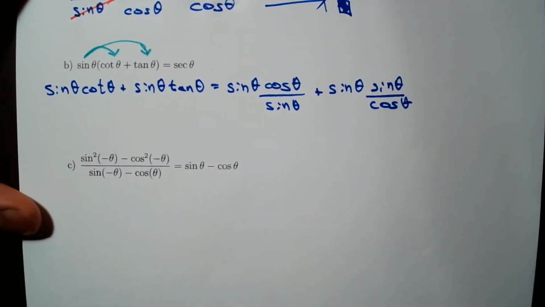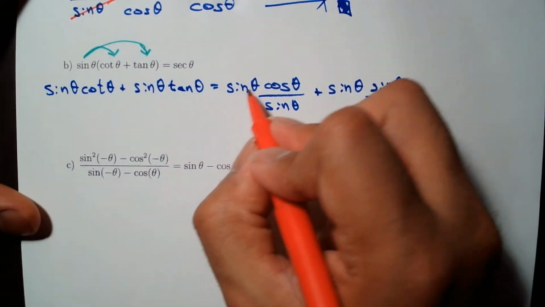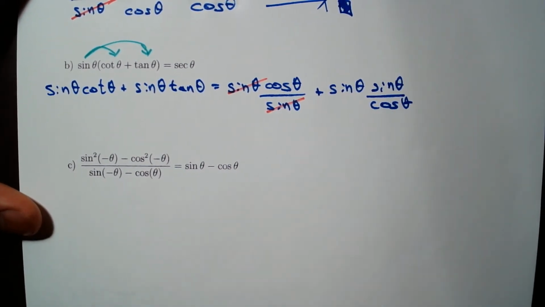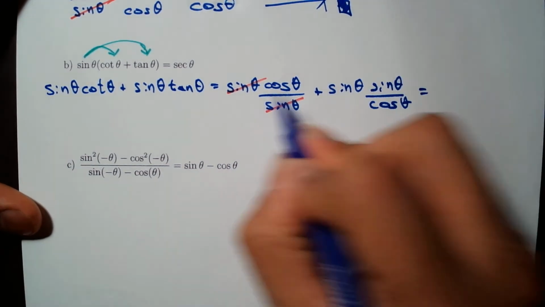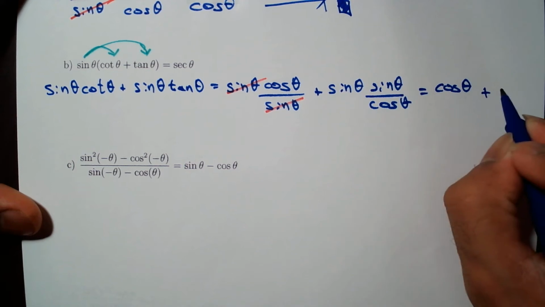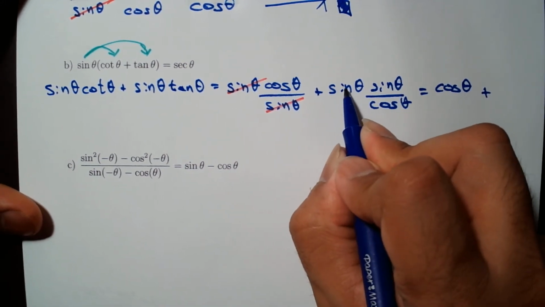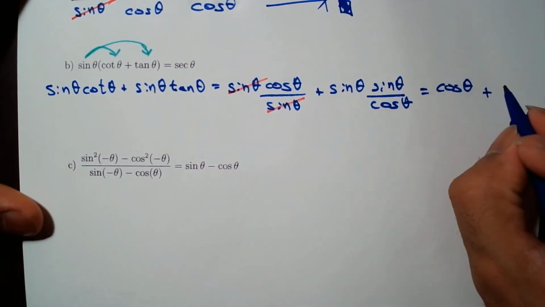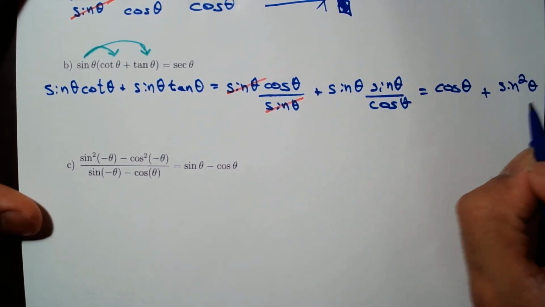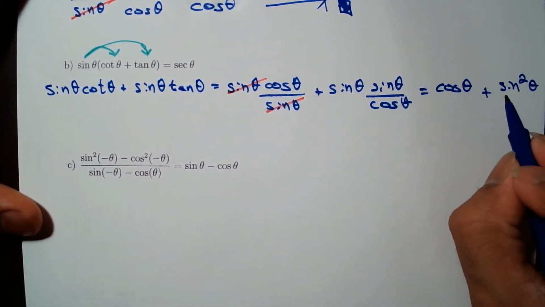Let's see what's going to happen. Goodbye sine, goodbye sine, and that's simply cosine theta plus, in this case, sine times sine, which is sine squared theta, over cosine theta.